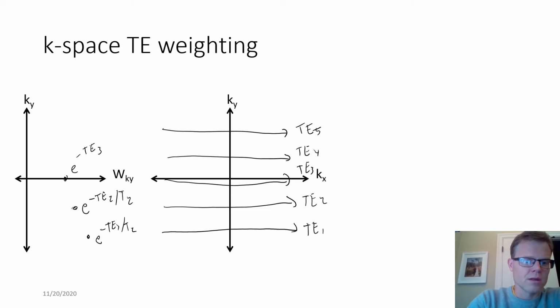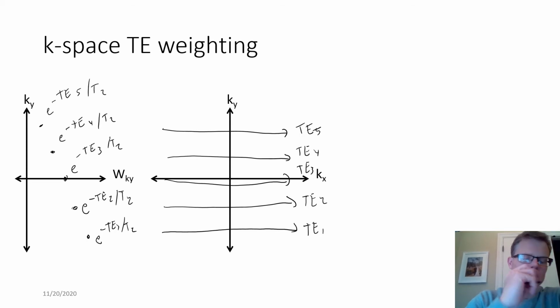So this weighting function is getting applied on top of the K-space data that tells us the shape, the edges of our object. I didn't quite draw it exponential, but it's going to have some more or less exponential shape.